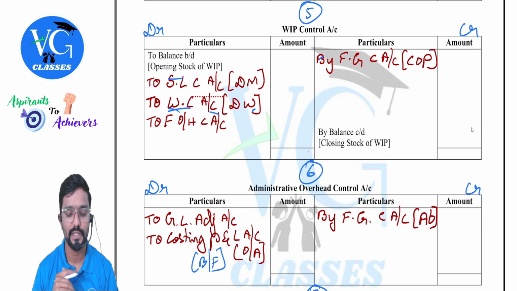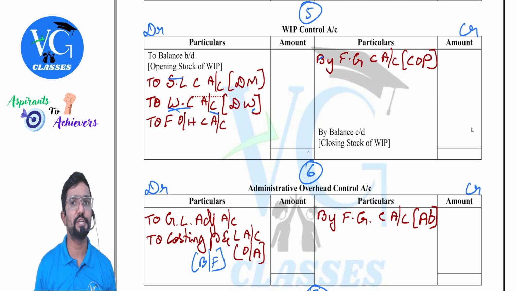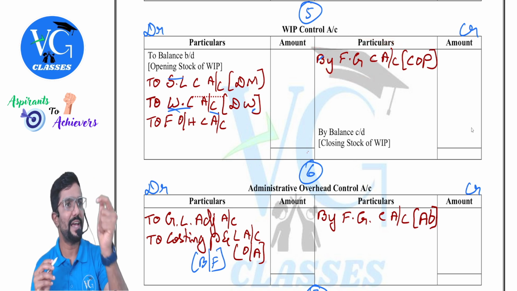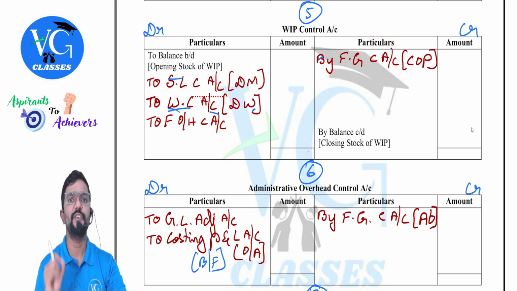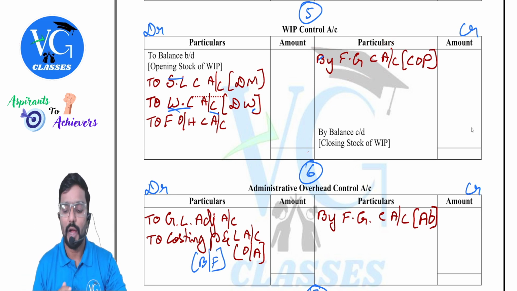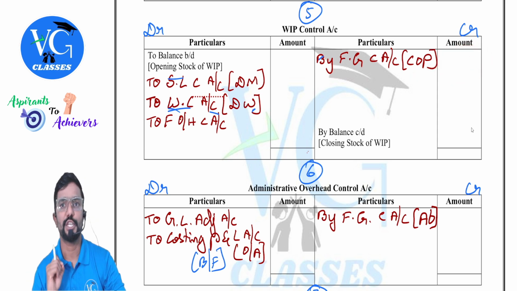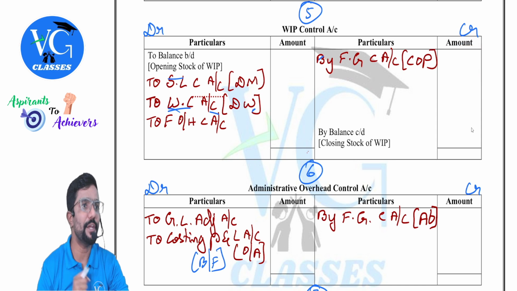Got it? Yes. Now, once they have given all this, guys, the product is ready. Product is manufactured. Where should I transfer it to? Finished goods control account. I need to send it to finished goods control account. And the name of that amount is called what? COP, cost of production, or cost of goods manufactured.